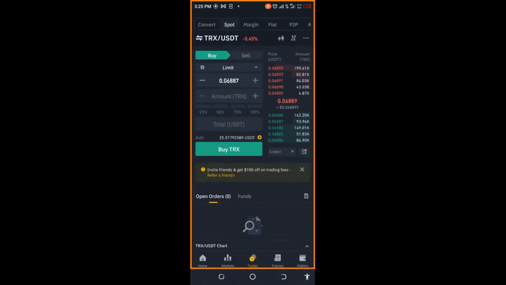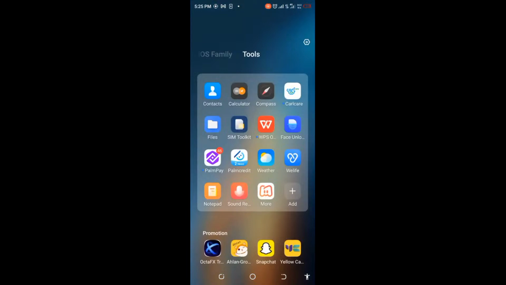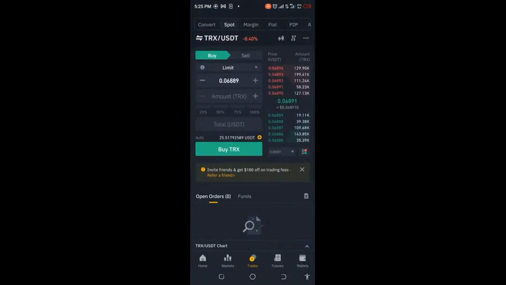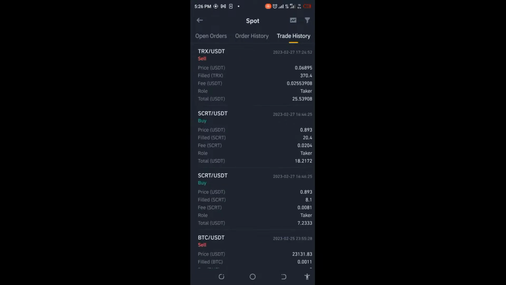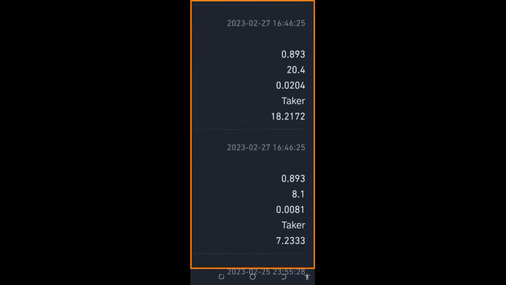But all the same, we started out with, let's go back and look at the trade history so that we'll be able to get everything fully, okay? The trade history, it bought in two parts. We have 18.2 and we have 7.2.